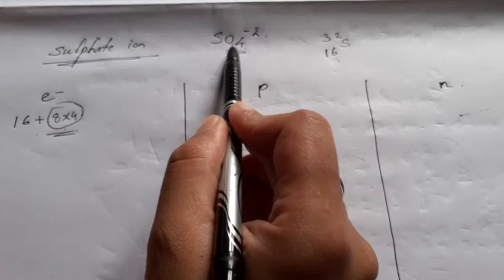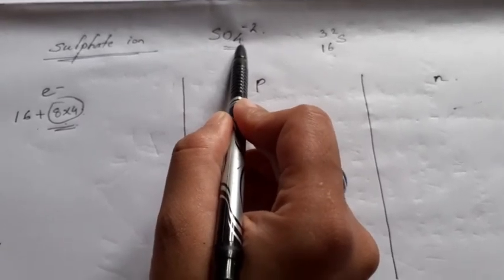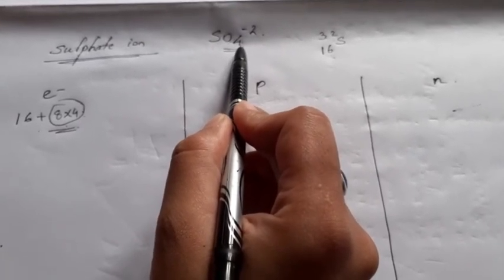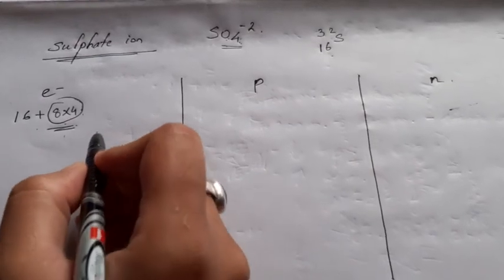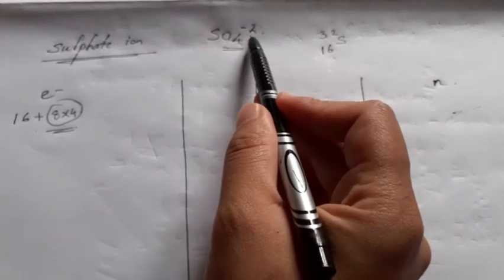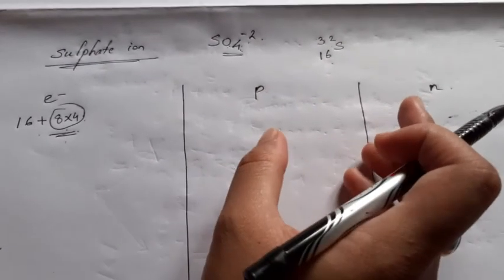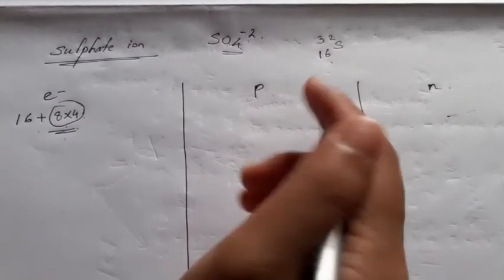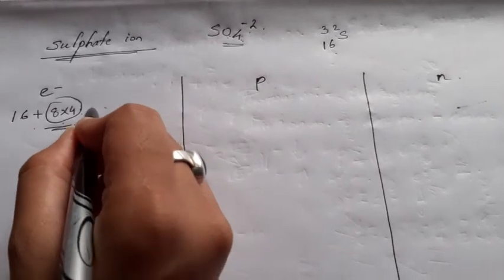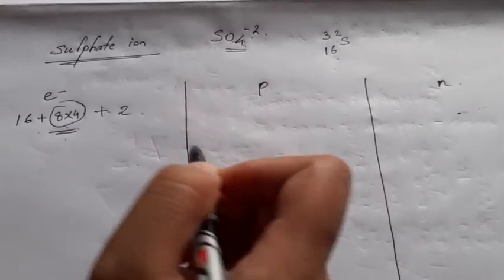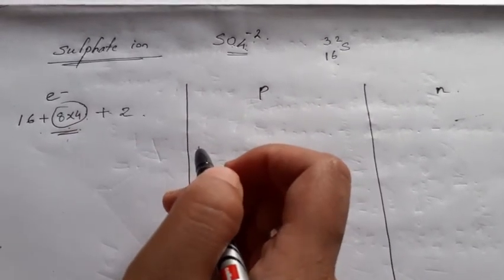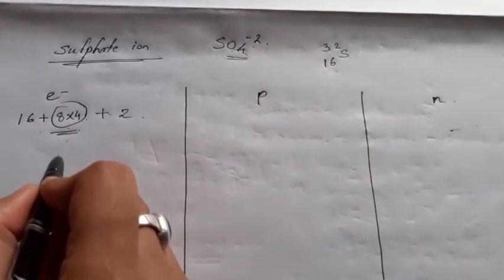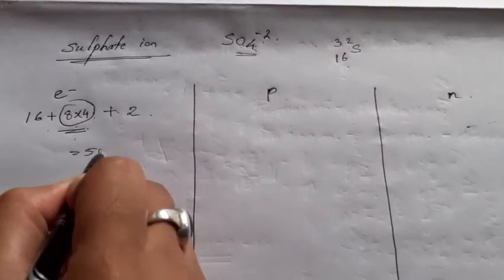Oxygen is 8, and there are 4 oxygen atoms, for which we have written 8 into 4. Now I had already said that for a negatively charged ion we will simply increase the number of electrons by X, right? So it will be plus 2. I think it is clear to all. Now we will write it as 50.